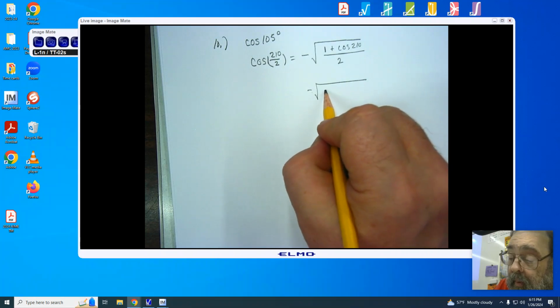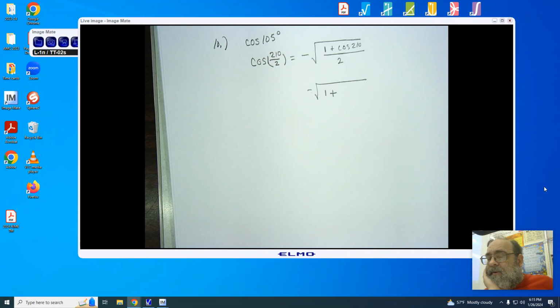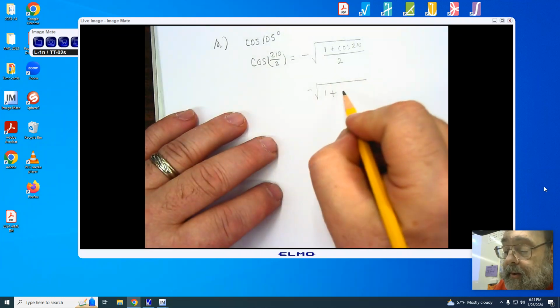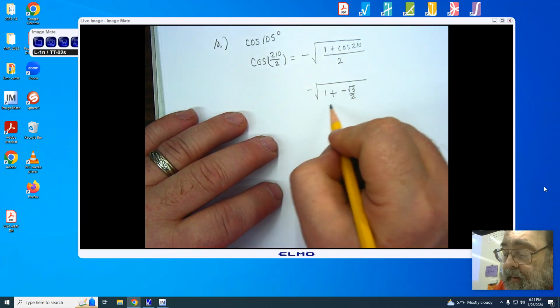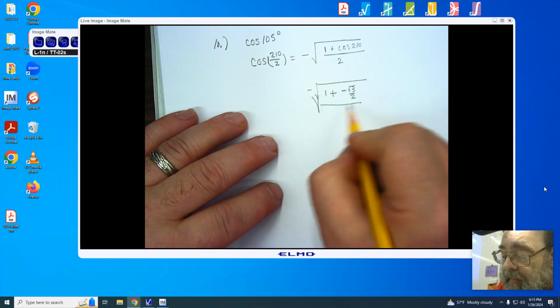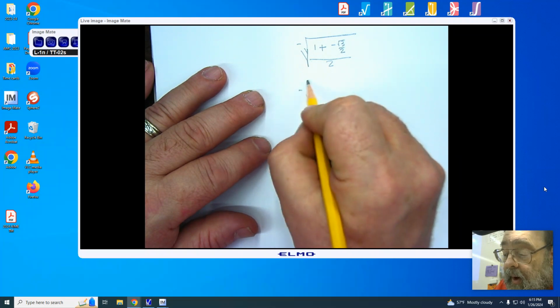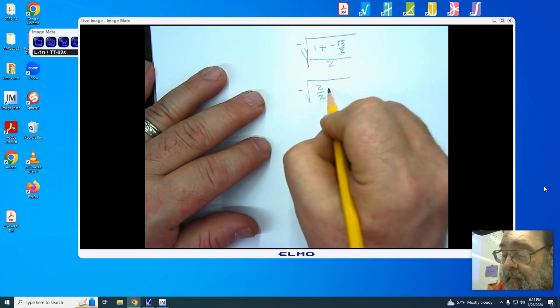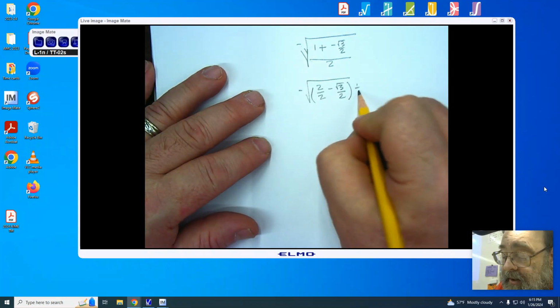I have 1 plus, I need the ratio of a 30-degree reference angle, that's root 3 over 2 in the third quadrant. So it's a negative root 3 over 2. And I am still dividing it by 2, getting the common denominator. 2 over 2 minus root 3 over 2, the quantity is divided by 2.